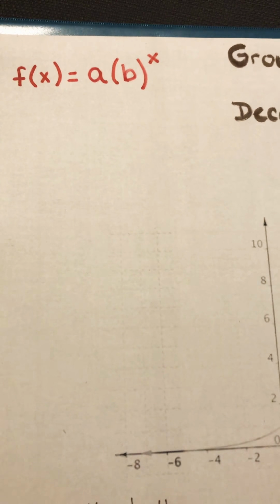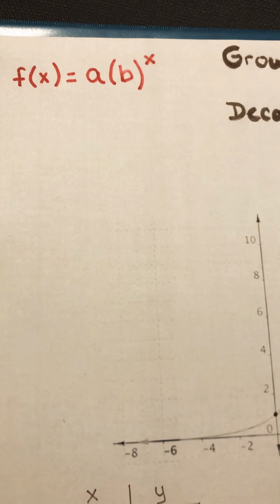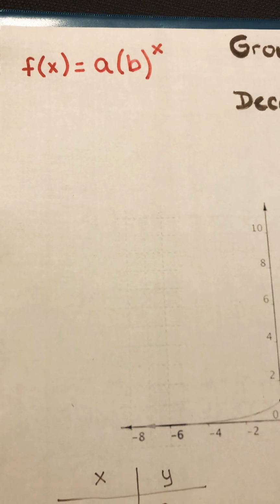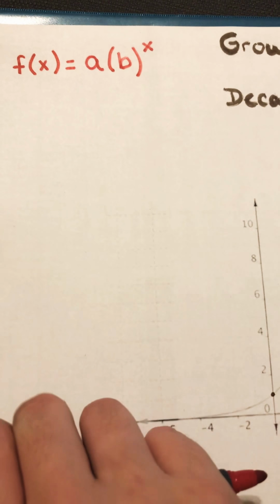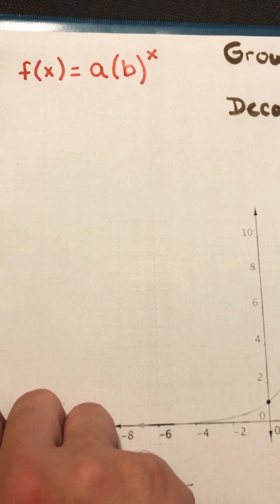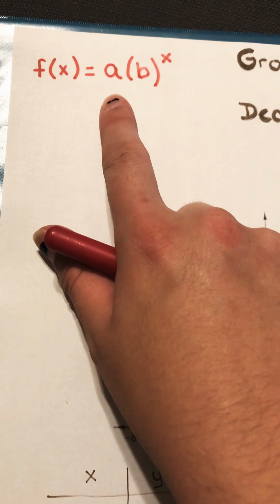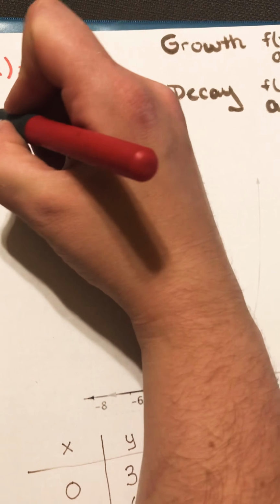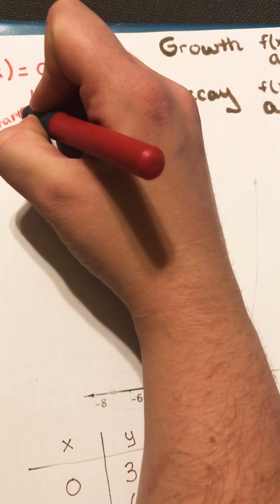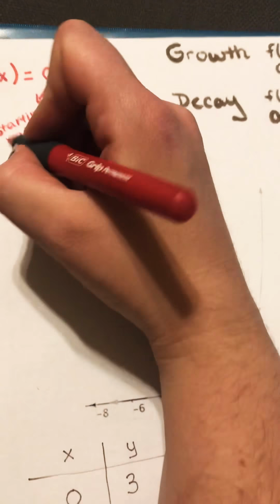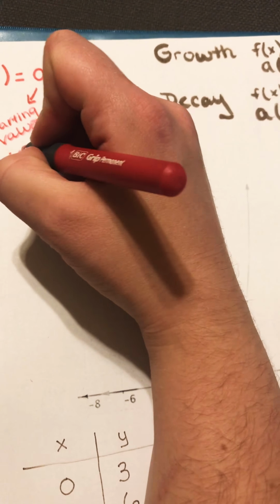In this video, we are going to talk about writing exponential functions from a given graph, table, and scenario. So if you remember, the general exponential function is written in the form f of x equals a times b to the x, where a represents your starting amount or starting value, which is also your y-intercept on a graph.